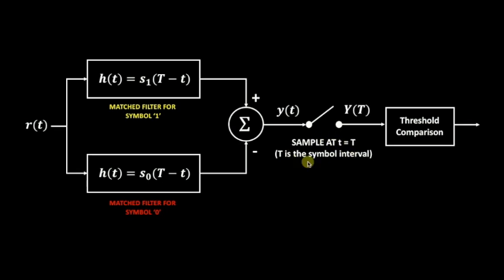Then we're going to sample that at the time interval capital T, and then use some form of threshold, which is used for comparison whenever we're going to do some decision making. So let's say if we exceeded the threshold, we're going to decide that this is logic 1, or if we have less than the threshold, then we're going to consider this as logic 0. We're going to discuss that later.